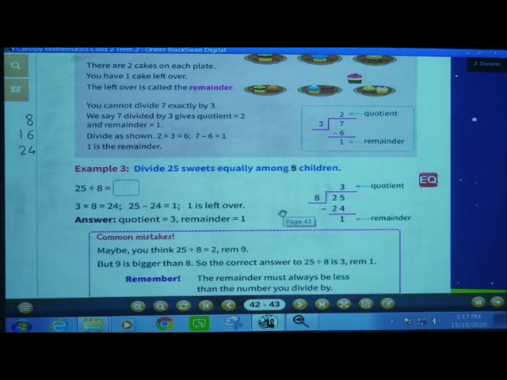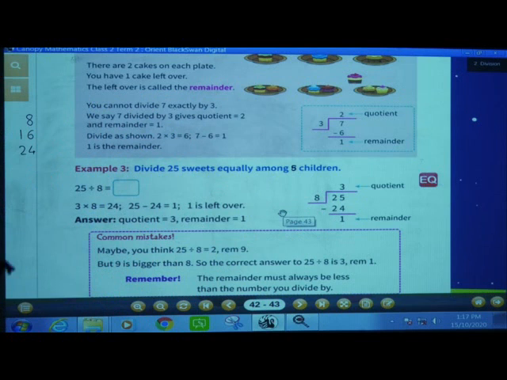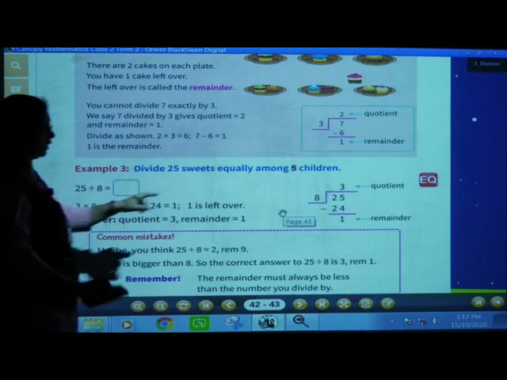But 32 is bigger than 25. Therefore, we can't take 32. So, we have to see 24. Okay. So, 8 threes are 24.